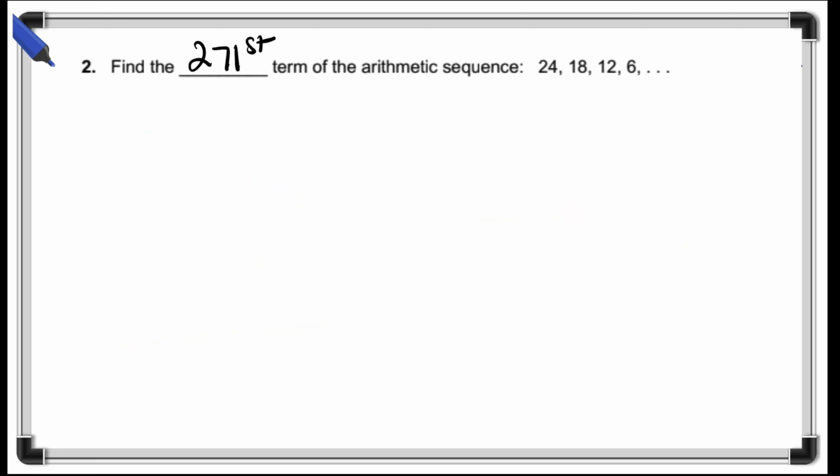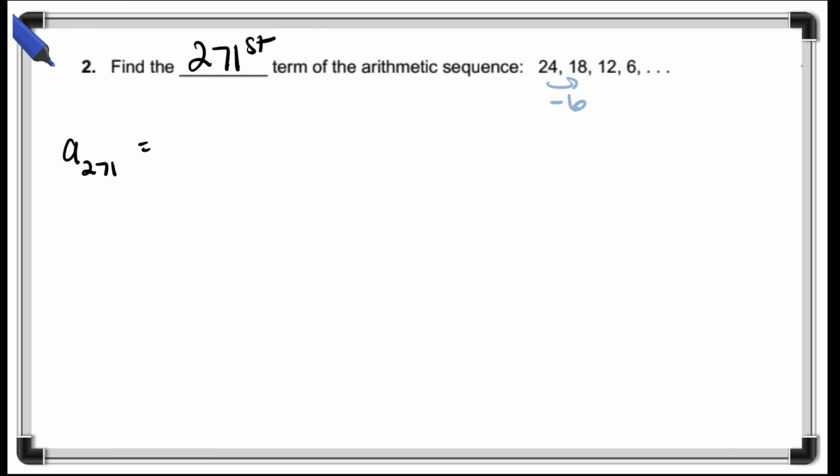In this question, we are finding the 271st term of this sequence. Let's identify what's going on. We will be subtracting 6 every time, so that's the difference. Because you want to find a term, this is the explicit formula. The n term is 271.